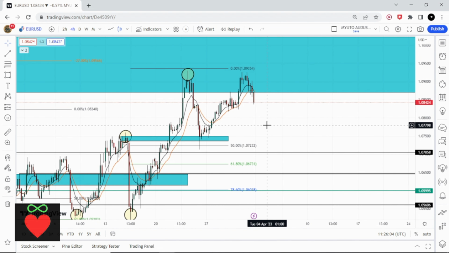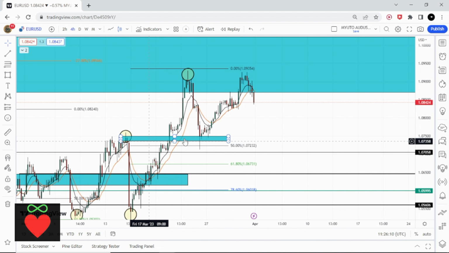So for Euro USD, I had this level marked out, you can see in the previous video, where I expected price to come find support at this level here. No, actually price was already at this level here, and I was expecting price to continue its upward movement from this level here, which it eventually did.